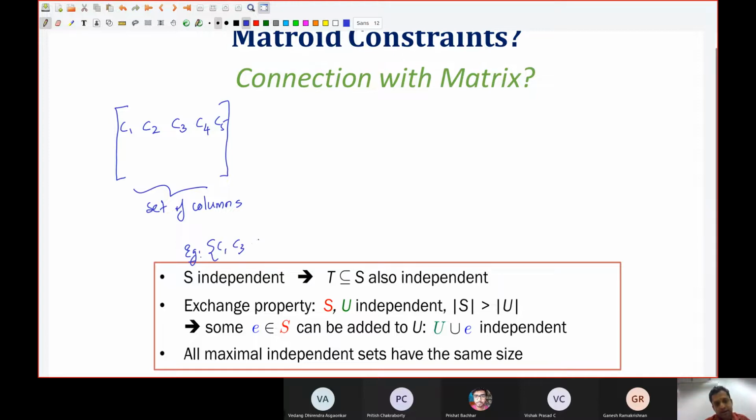If C1, C3, C5 is independent, is it not necessary that C1, C3, which is a subset of C1, C3, C5, must be independent? It implies, right? Any subset of linearly independent columns will be linearly independent. So that is property 1.